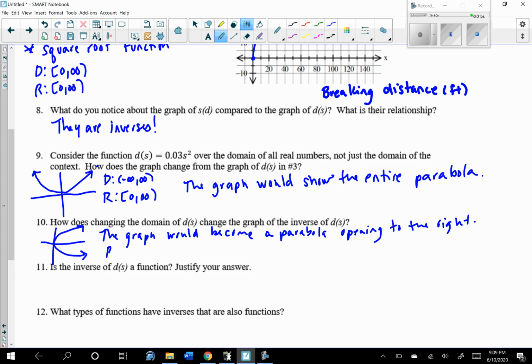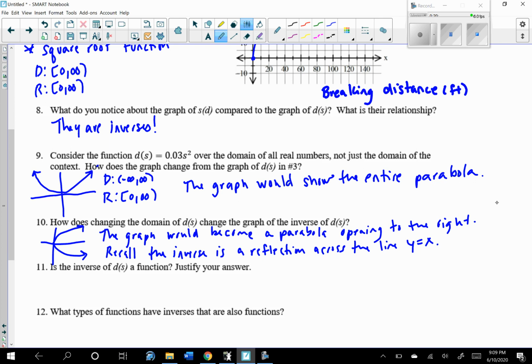So recall, the inverse is a reflection across the line y equals x.